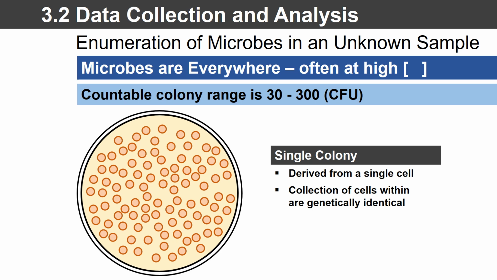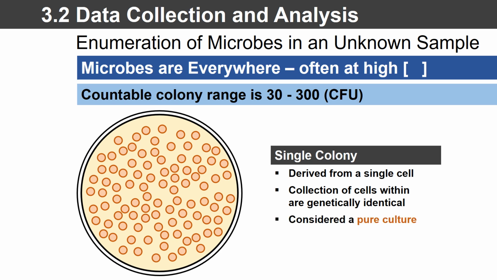And so each colony represents a grouping of cells that all started from a single cell, and then by binary fission, double, double, double, double, you get a collection of cells within each colony that are all genetically identical. And if you're also hungry for In-N-Out Burger right now because of how many times I just said double double, my apologies.